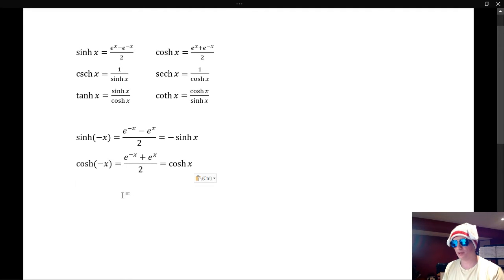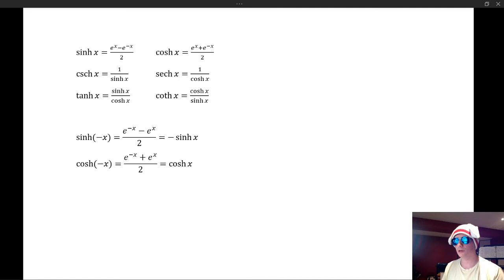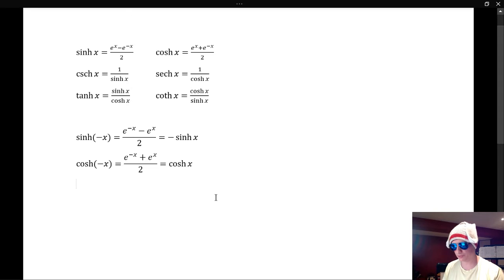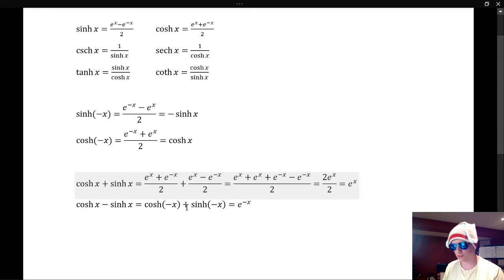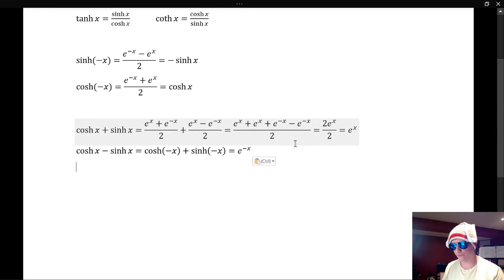Okay. Next thing I'll put up just because I think it could help us out for the next couple of identities. We're going to be doing some square identities for these. So the first one is cosh of x plus sinh of x.